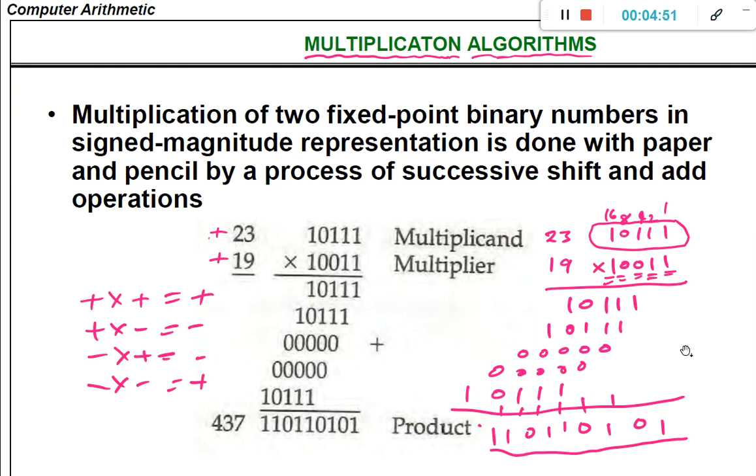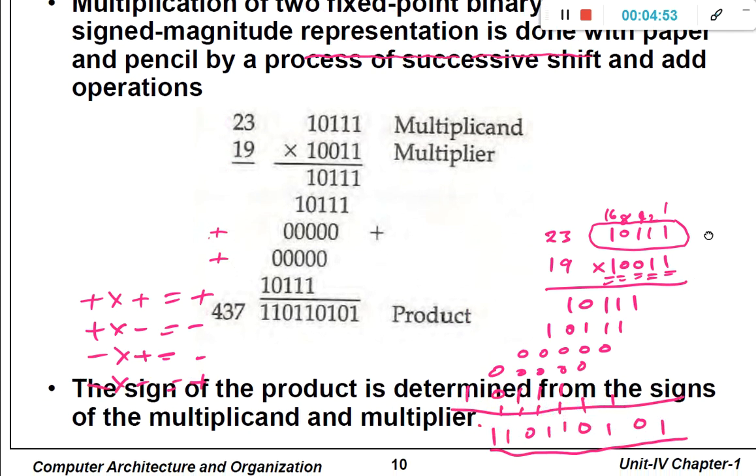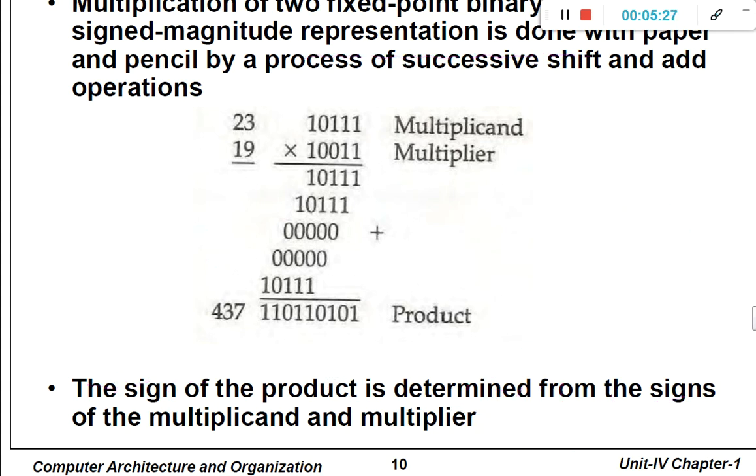Based on this principle, the sign of the product is determined from the signs of the multiplicand and multiplier. If both signs are equal, then the product sign must be plus, and if they are not equal, then the product sign must be minus. So like this we are going to perform multiplication.